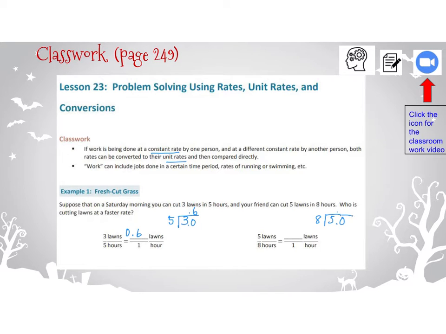I put in my decimal, and put my decimal up top too so I don't forget. 8 times 6 is 48, and so on, until I get 0.625. So my friend is able to cut at a little bit faster rate. Not by much, but by some.